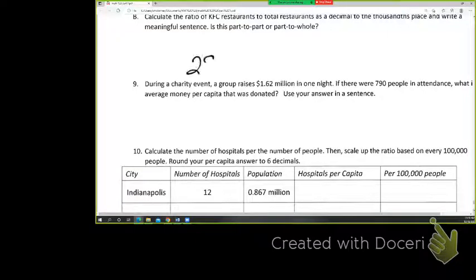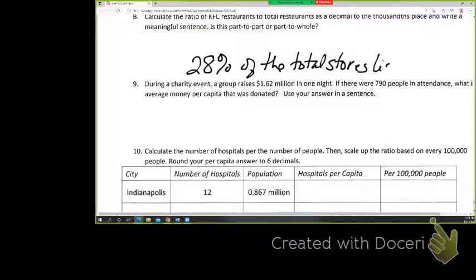So this works out to be 28% of the total stores listed, or 28% of all the listed restaurants are KFC, because we know that doesn't include every restaurant. I don't go out to eat that often, but I'd go out even less if those were my only choices.